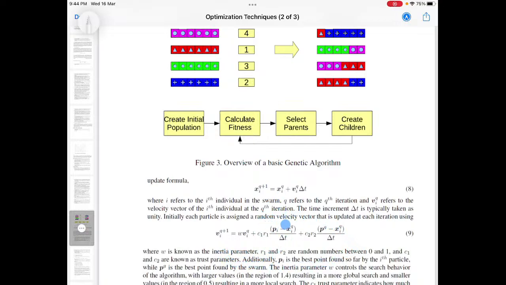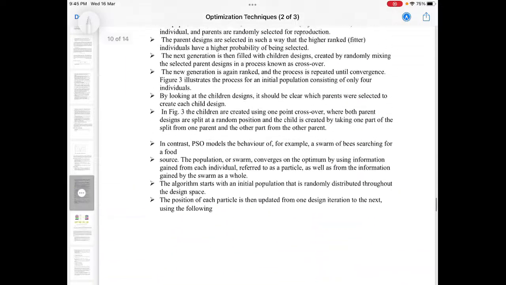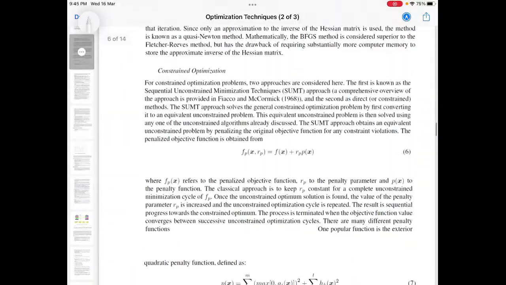The random velocity vector is updated at each iteration by using v_i^(q+1) = w v_i^q + c1 r1 (p_i − x_i^q)/Δt + c2 r2 (p^g − x_i^q)/Δt. And these are from the earlier equation, you might remember what the parameters represent.